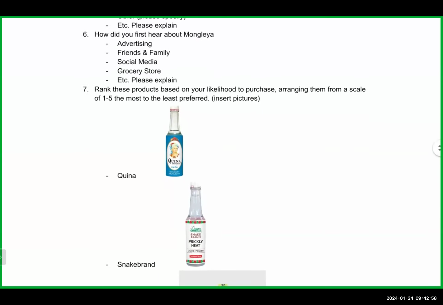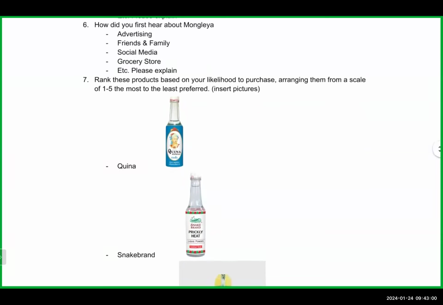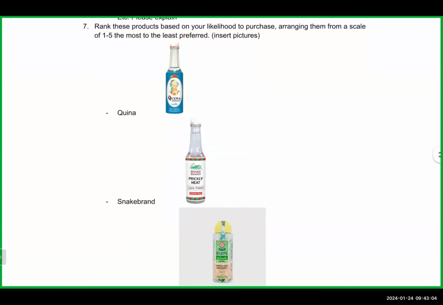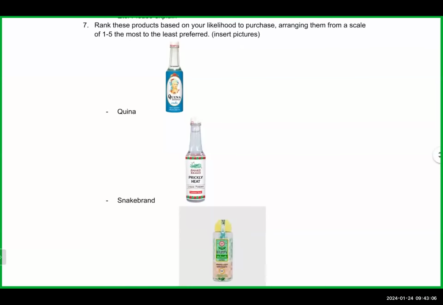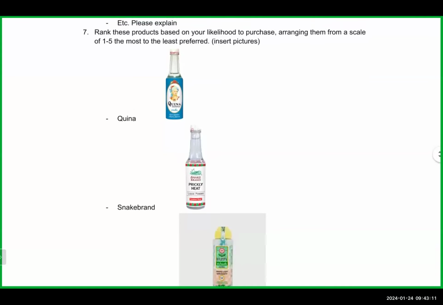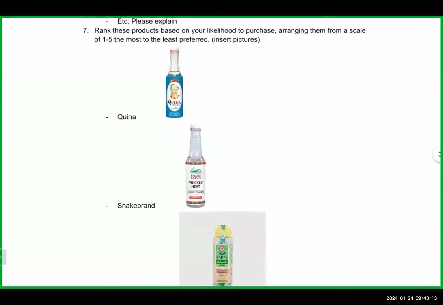Number six, we ask them how they first heard about Mongolia. And number seven, we let them rate Mongolia among its competitors. We let them rate which brand they prefer the most and the least.